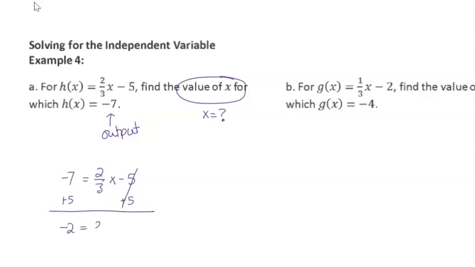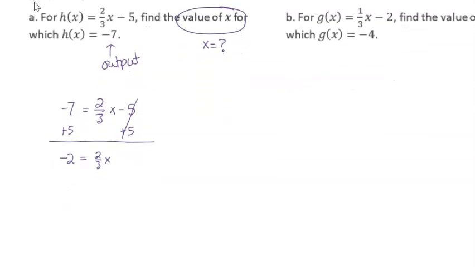We have -2 equals 2/3 x. Okay, to get rid of the 2/3, instead of dividing by 2/3, let's multiply by 3/2. Remember, when you multiply by the reciprocal, it will cancel out because we have 3 on top and 3 on bottom, 2 on top and 2 on bottom.